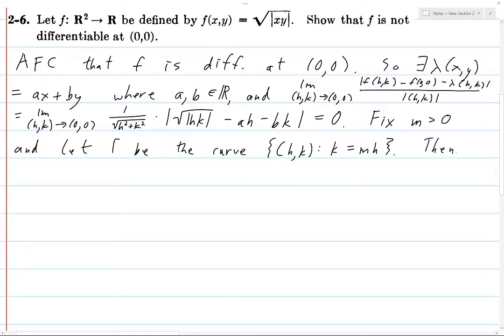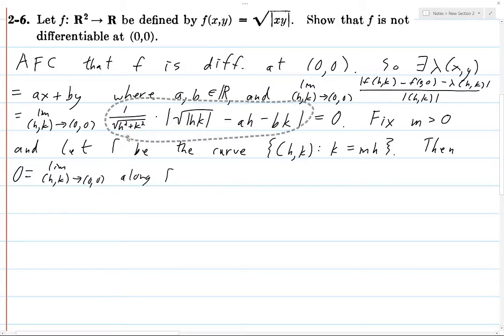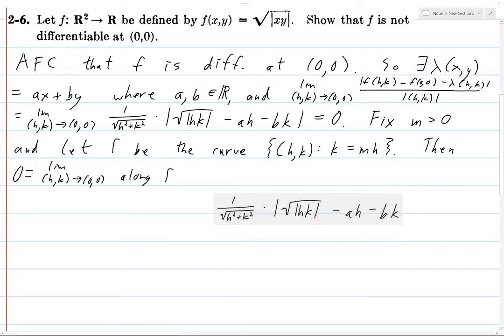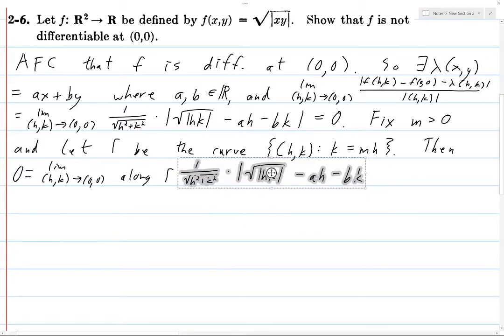Then 0 has to equal the limit as (h, k) approaches (0, 0) along gamma of this whole thing.